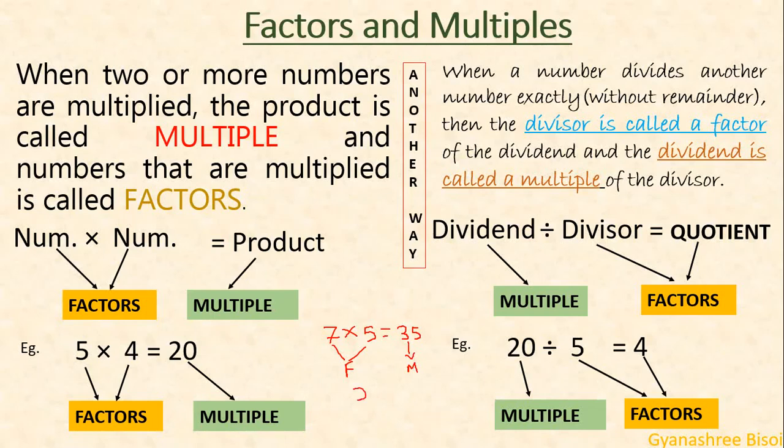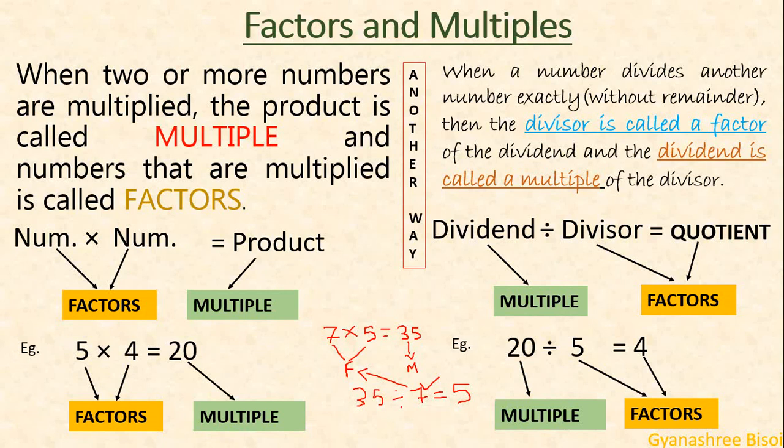See, if I divide 35 by 7, 7 will divide 35 exactly without any remainder. 7 5s are 35. Right? Without any remainder. So 7 is a factor of 35, right? And 35 is a multiple of 7.